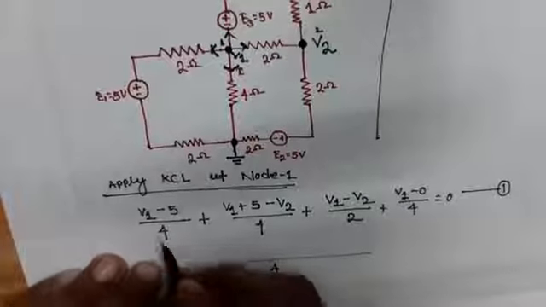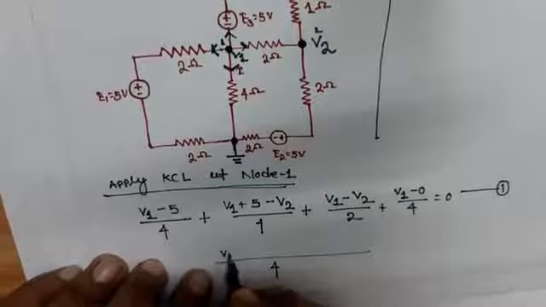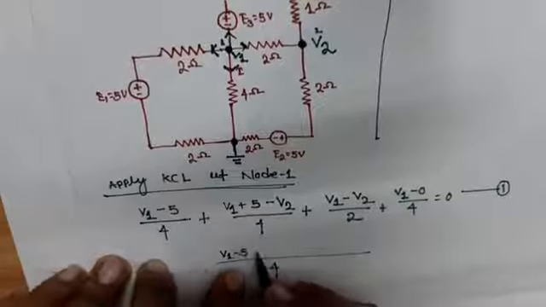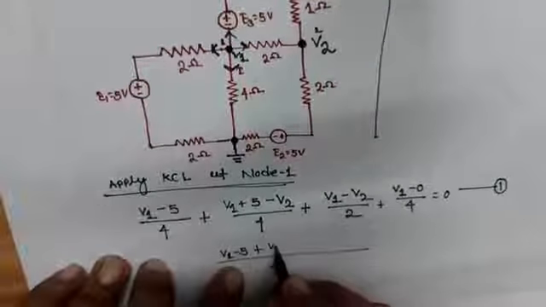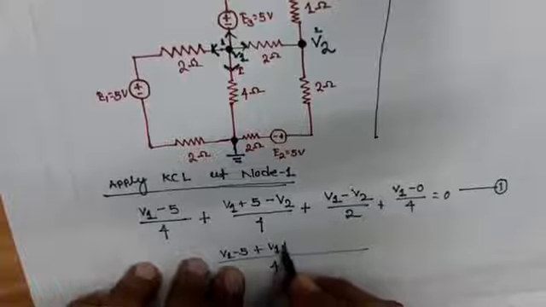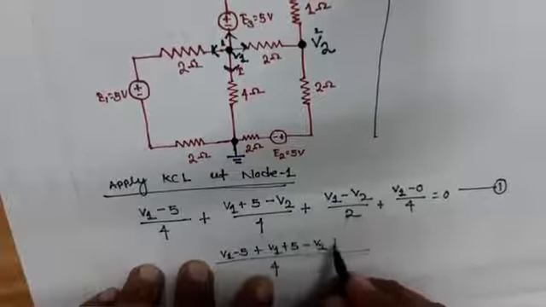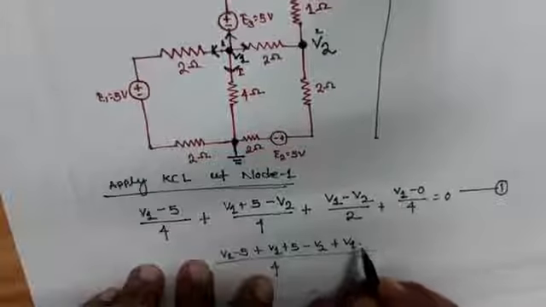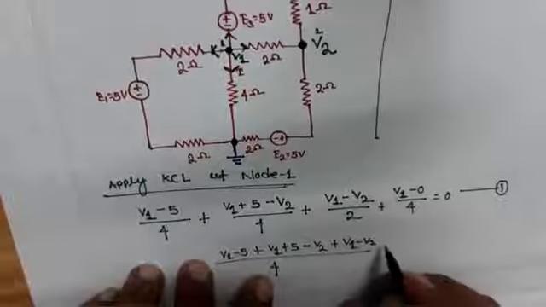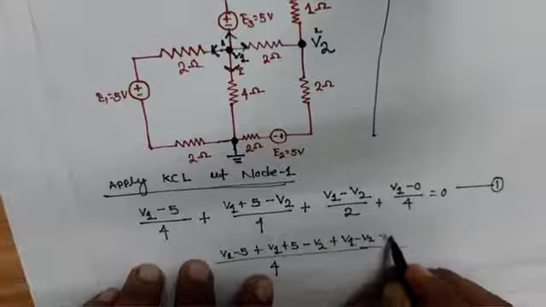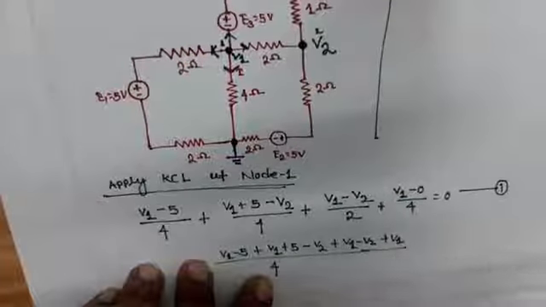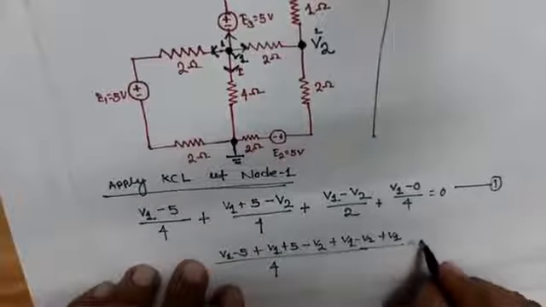This is (V1 minus 5), plus (V1 plus 5 minus V2), plus (V1 minus V2), then plus V1, equal to 0.